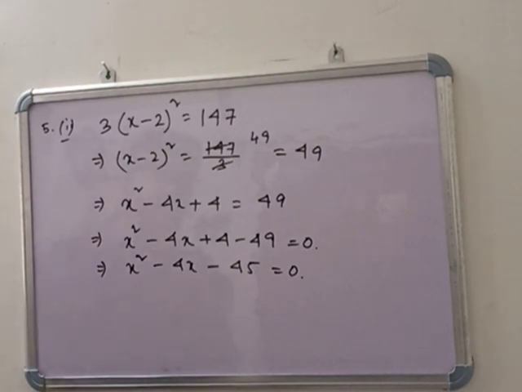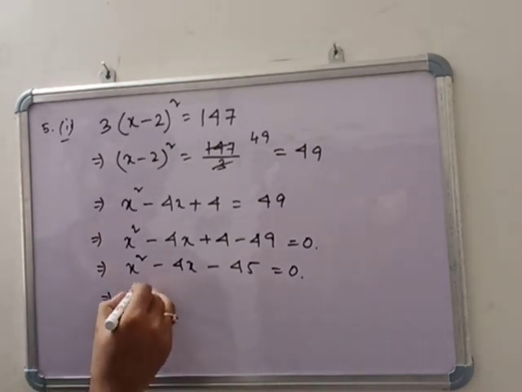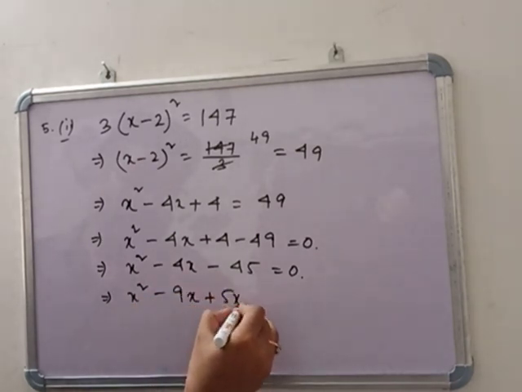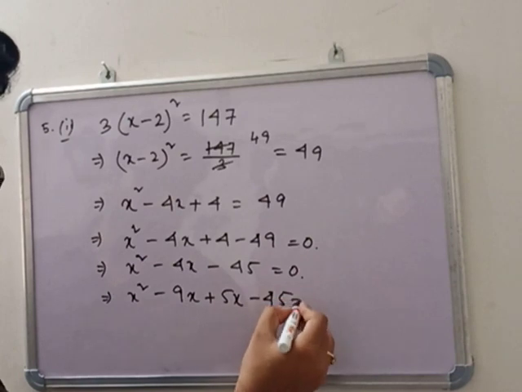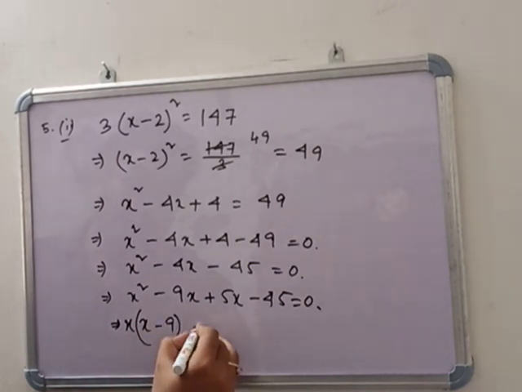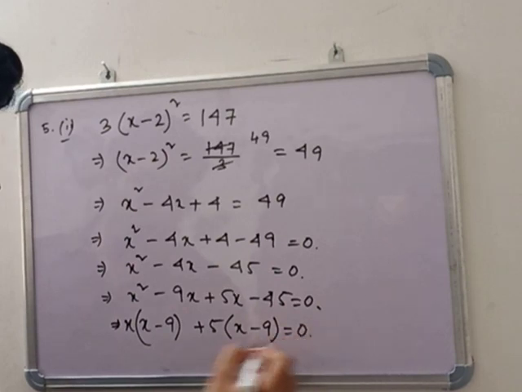So 45 means 4 into 5 into 9. So that means x square minus 9x plus 5x minus 45 equals 0. That means x common, so x minus 9, plus 5, x minus 9 equals 0.